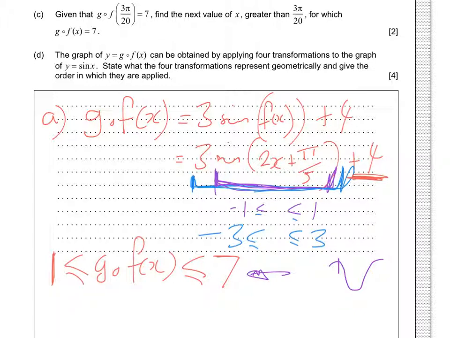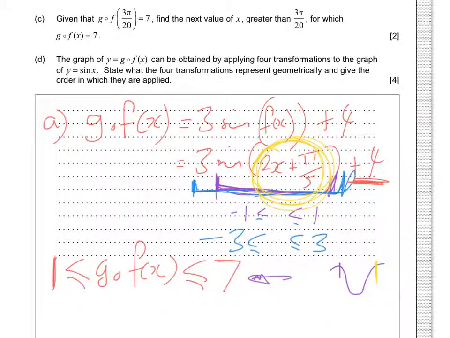Now, usually the period of sine is 2 pi. However, there's a transformation on it here. The 2x means that the period will halve, not double, but halve. So the next point where we get to the maximum won't be 2 pi away, it will be pi away.